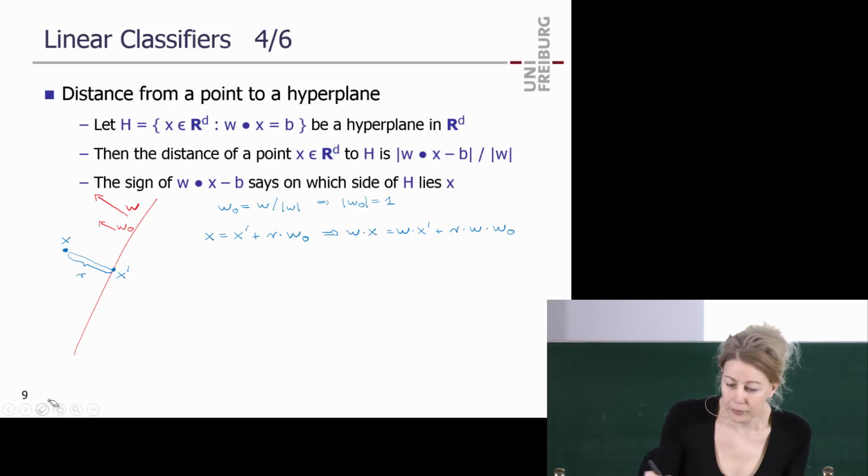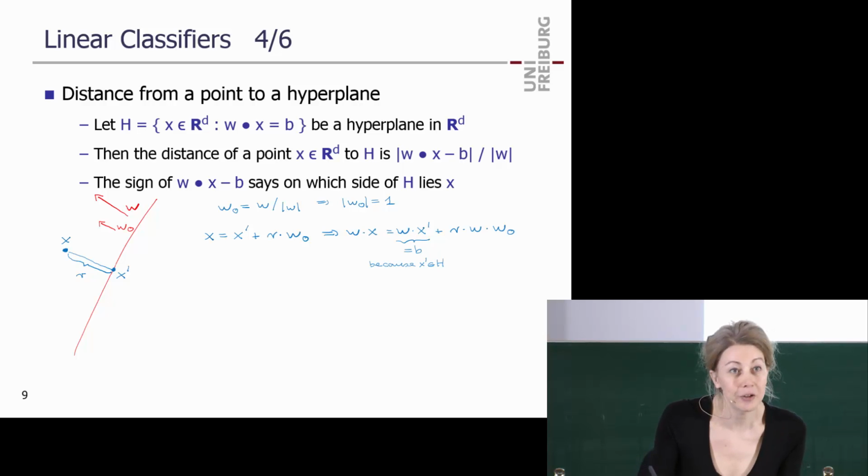No, wait. So this is b, right? Because x prime is on my straight line, and my straight line is just defined by all points where this dot product is b.